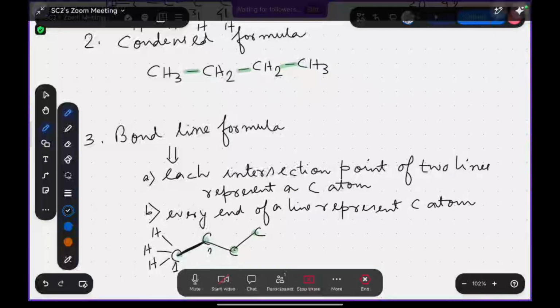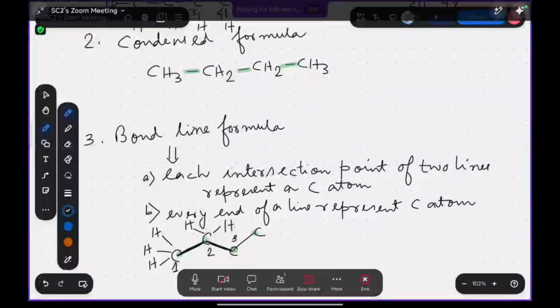The next carbon atom, represented as 2, is having 2 bonds from both the sides. The other 2 bonds will be fulfilled by hydrogen.